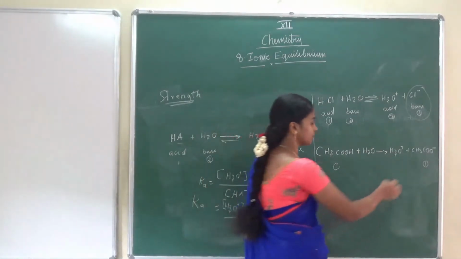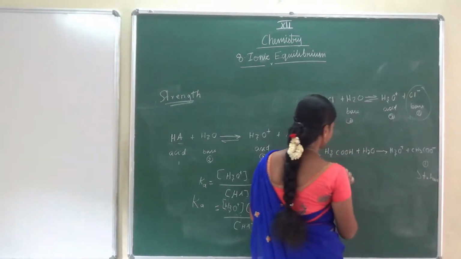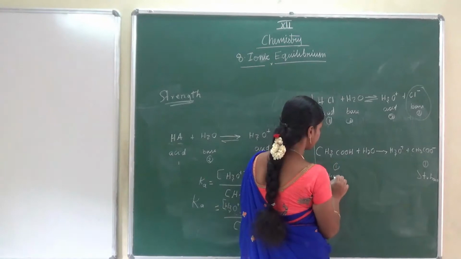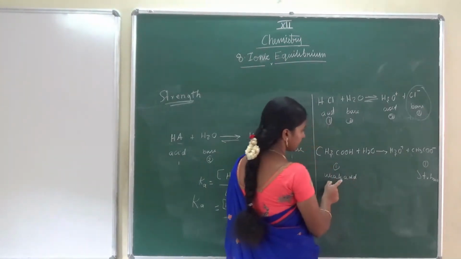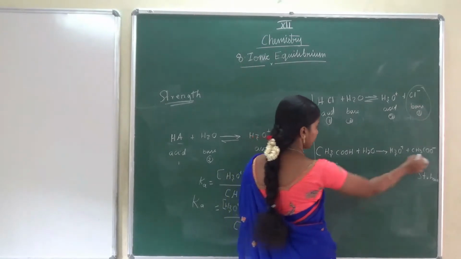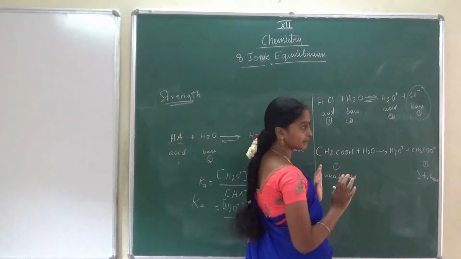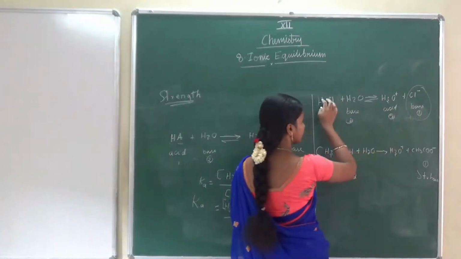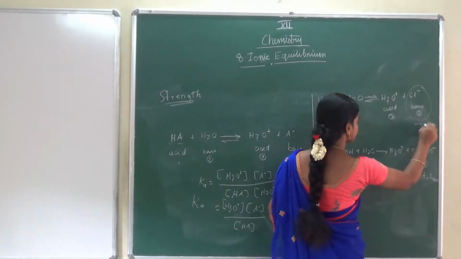Now this base is a strong base, and this acid is a weak acid. So the base which is coming from the weak acid can act as a strong base. The base which is coming from the strong acid will act as a weak base.